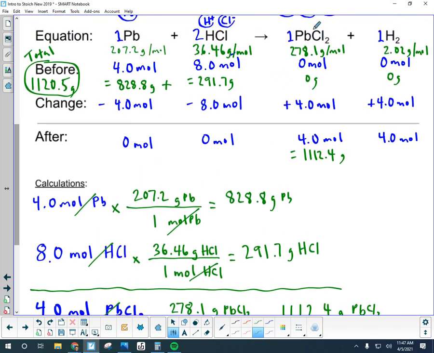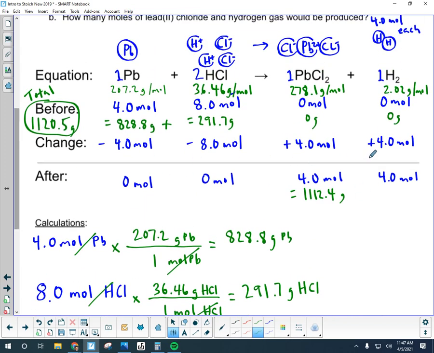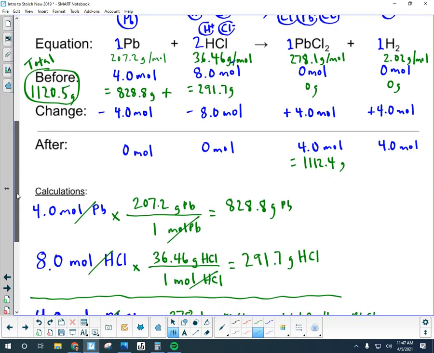That should kind of make sense because the lead is a very heavy atom. It's got a large molar mass. Cl is a fairly decently large molar mass. So PbCl2, 4 moles of it should have a pretty large mass, which it does. And so our last calculation then is for the H2. We're predicting 4 moles is produced, and we're using the molar mass of 2.02 grams per mole.